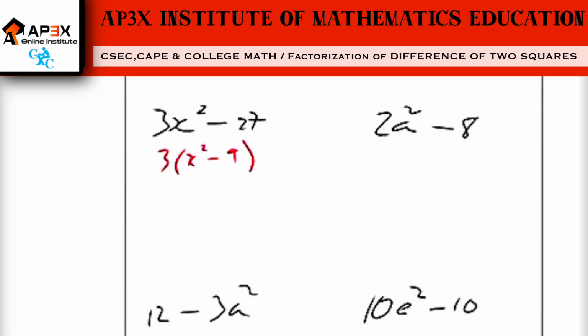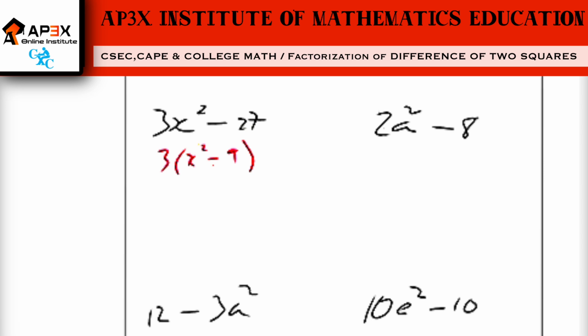When they say factorize completely, what CSEC is trying to say non-verbally is that the expression actually has a double factoring technique in it. It means the expression has 2 factoring techniques.